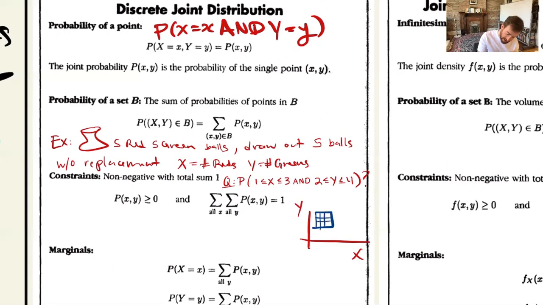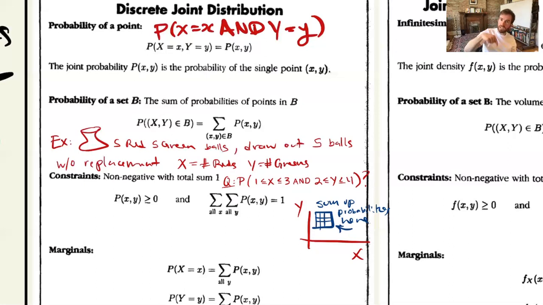And so what you need to do is sum up the probabilities here. That'll give you the probability of that event, which is the event that x is between those two values and y is between those two values.